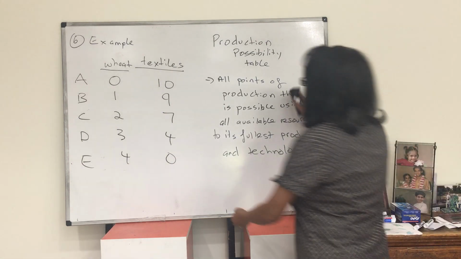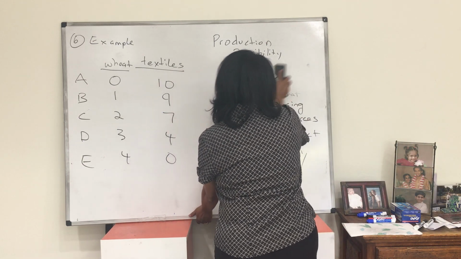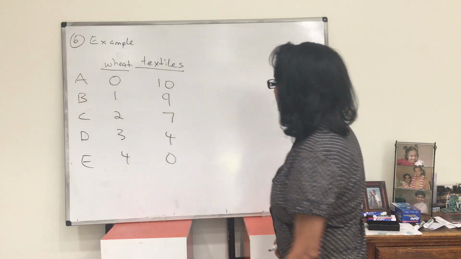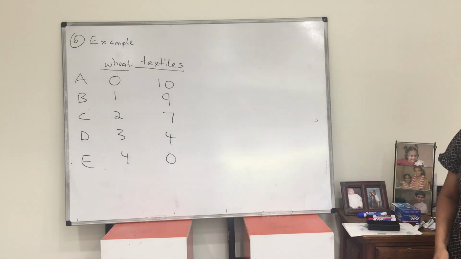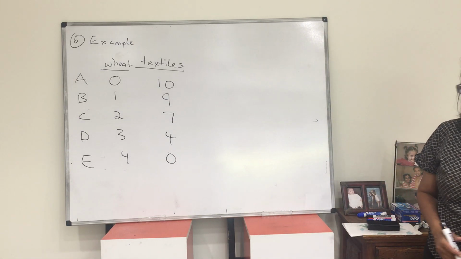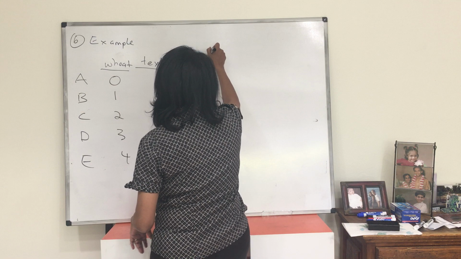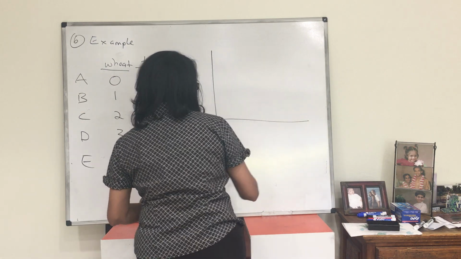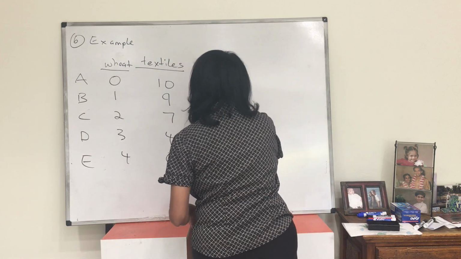Okay, so let me draw the graph. The graph is basically the depiction of this table, the same definition, except it's depicted graphically. So if you were to draw the graph and plot it point by point, it doesn't matter where you put what. It's the shape of the graph that's important.